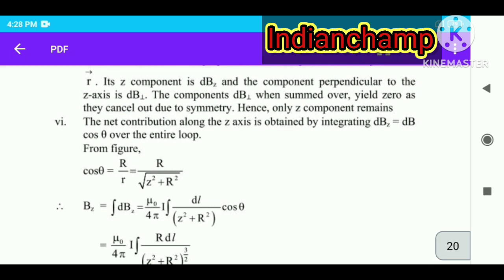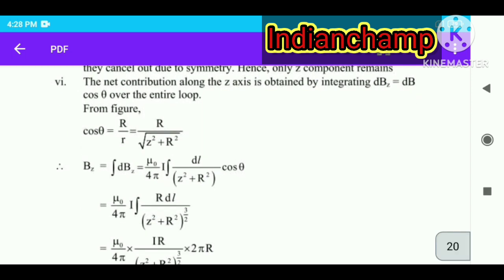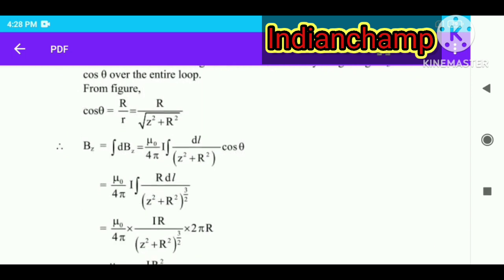Sixth, the net contribution along the z axis is obtained by integrating dB z, which is equal to dB cos theta, over the entire loop, as seen from the figure. Cos theta is equal to R divided by r, which is equal to R divided by under root z square plus R square.